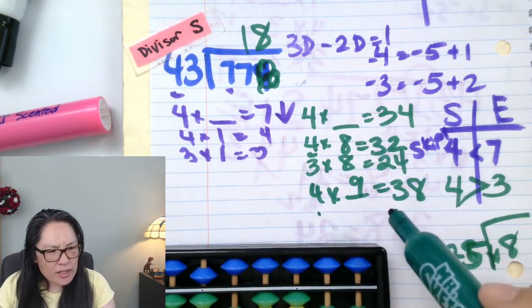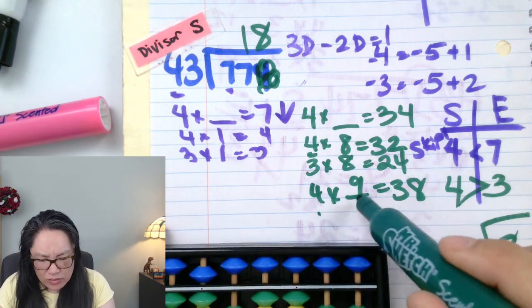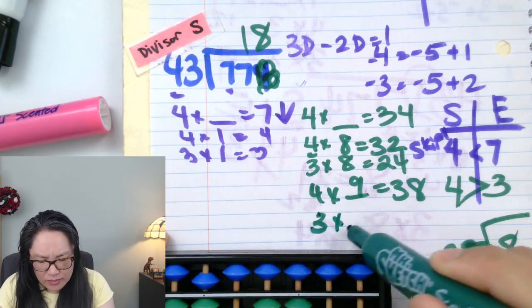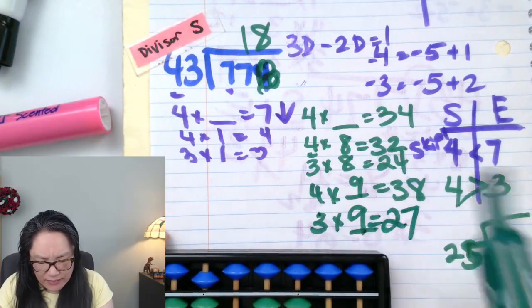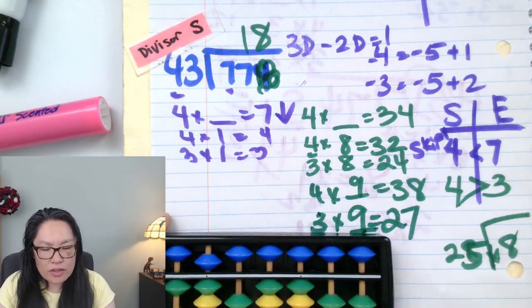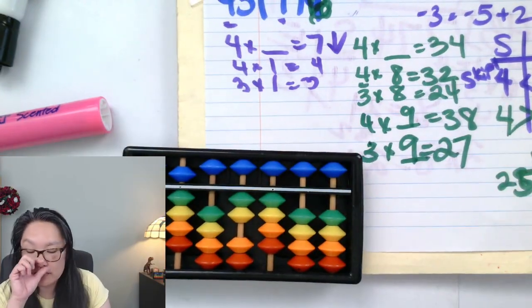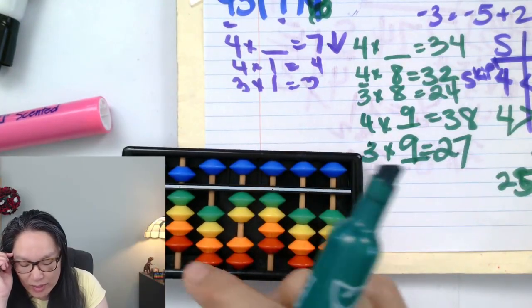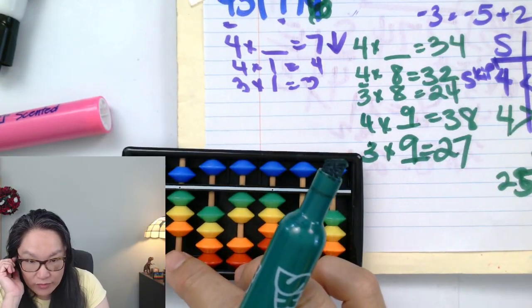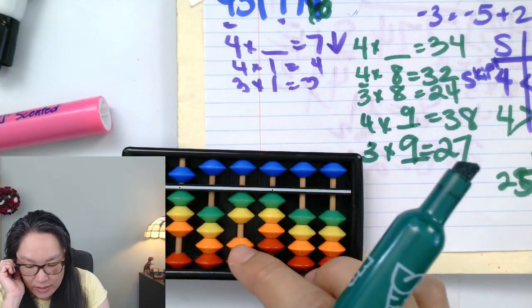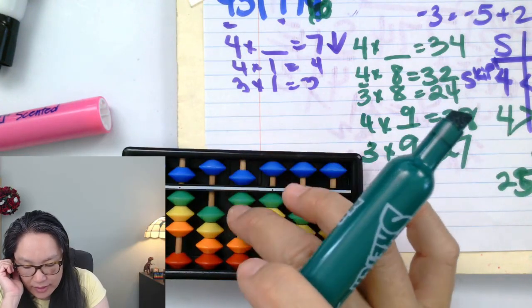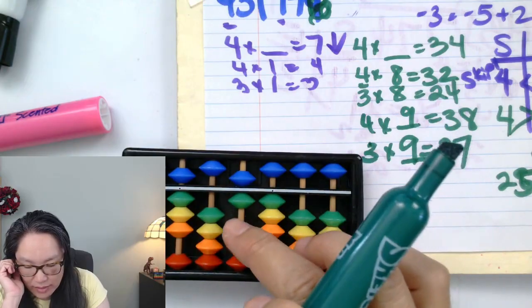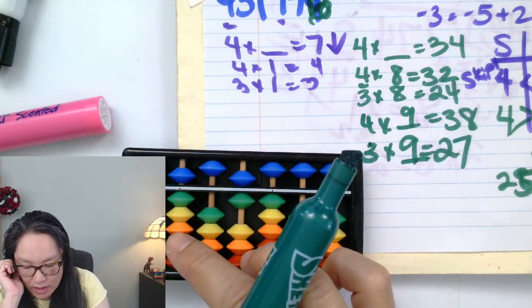Oh, if it was 9, 3 times 9 is equal to 27. There's not enough. So then the quotient's too big. If the quotient's too big, we have to take one from the answer, go back, and then add the divisor. So then we're left with 50.